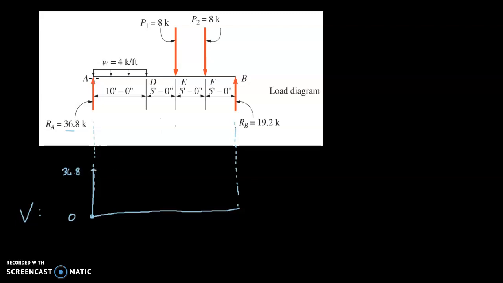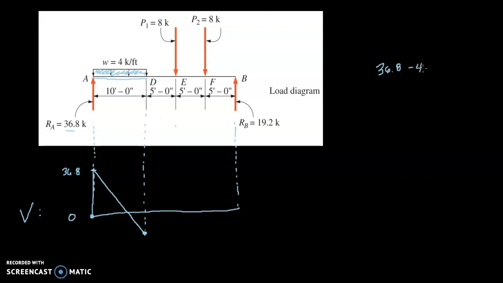Okay, then as we begin to travel across the beam, we encounter this distributed load right here, which is going to push our shear diagram down at a rate of 4 kips per foot. Well, 4 kips per foot spread out over 10 feet would be 40. So if I draw a line straight down from here, I'm going from 36.8 down, down, down to below the horizontal axis, because I started off with 36.8.